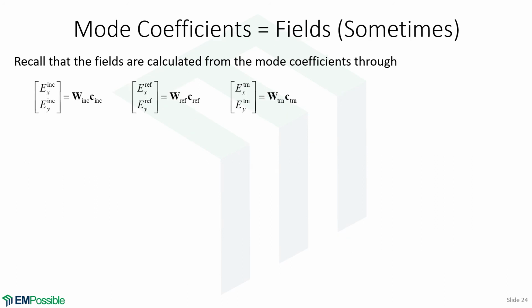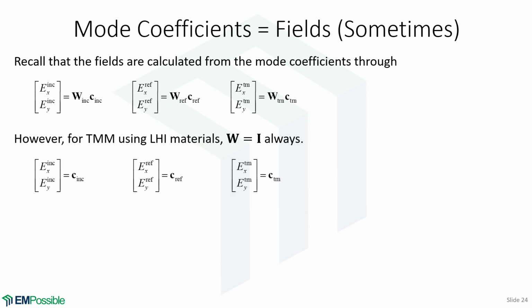I alluded to this before, but let's talk about this again. So here are our expressions for how the fields relate to the mode coefficients through these eigenvector matrices of the electric fields. Well, we just said all of those W's are identity matrices. So it turns out the mode coefficients are the fields.